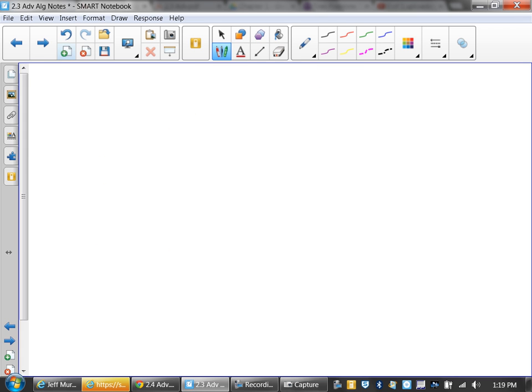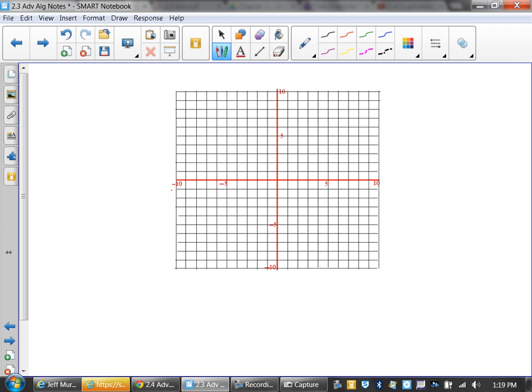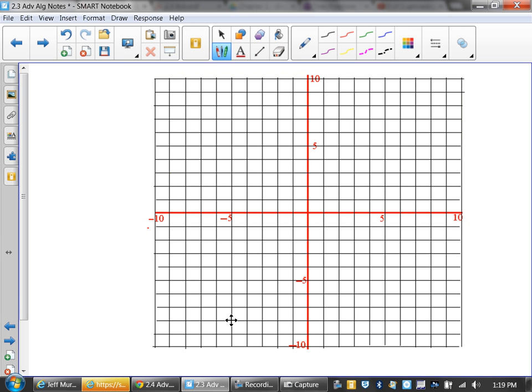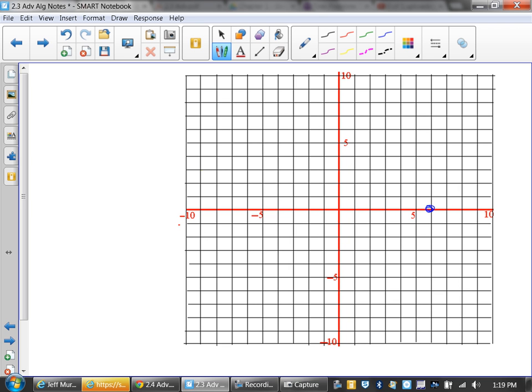If I have a graph, and I'm going to use a grid just for this example, you don't have to have a grid on your own. But if I have a graph, and I have an x-intercept here, that's where it crosses the x-axis, right? What is the coordinate of the y value at an x-intercept? 0. Also, if I cross the y-axis, what's the value for x? 0.